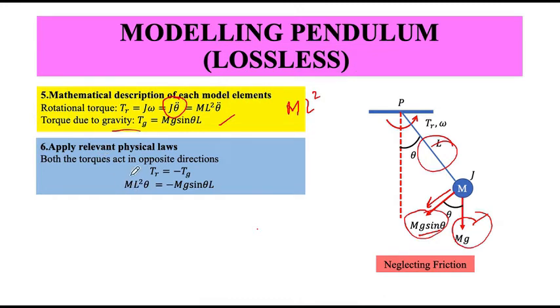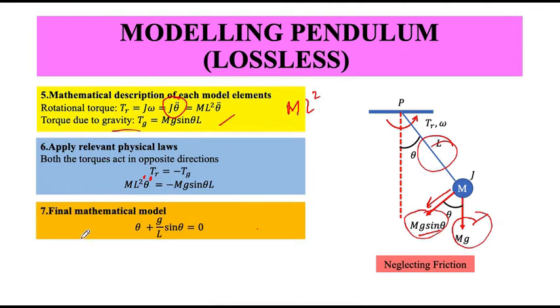So ml square theta double dot is compensated by minus mg sine theta, and therefore I have the dynamics written as theta double dot plus g by l sine theta equals 0.